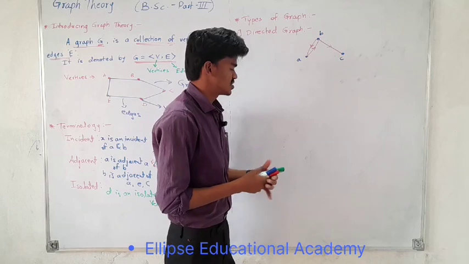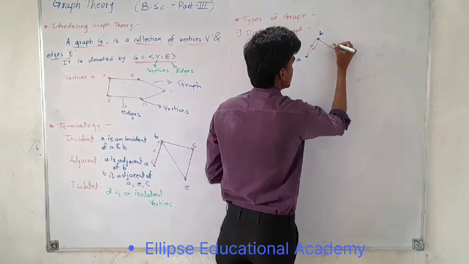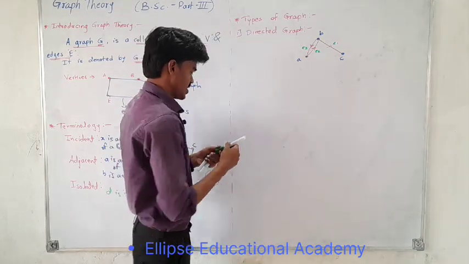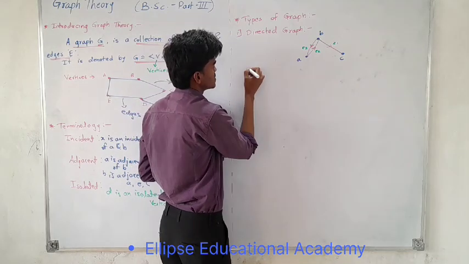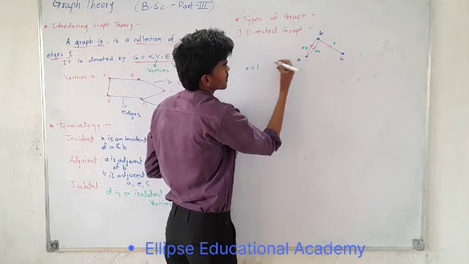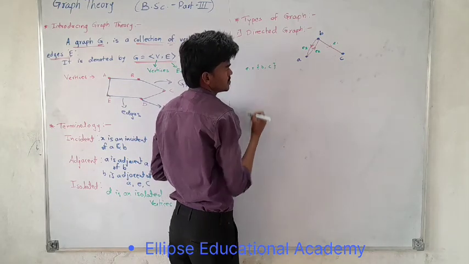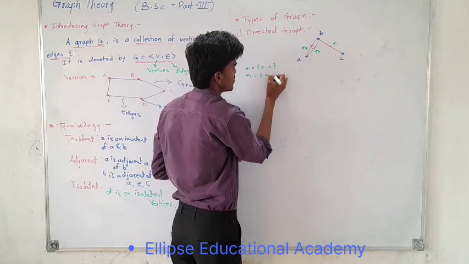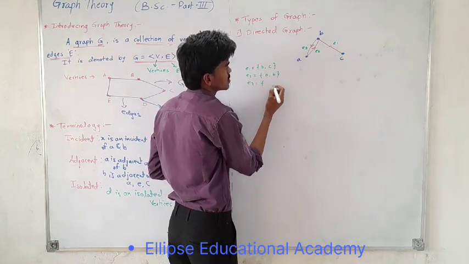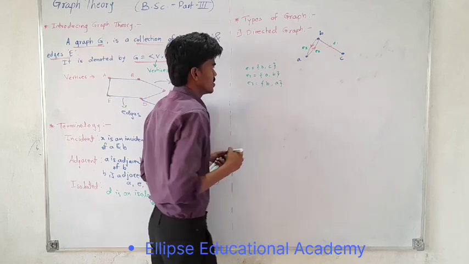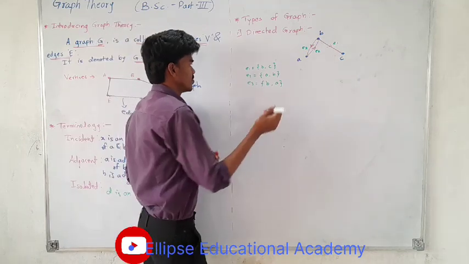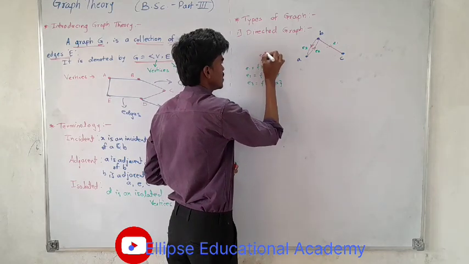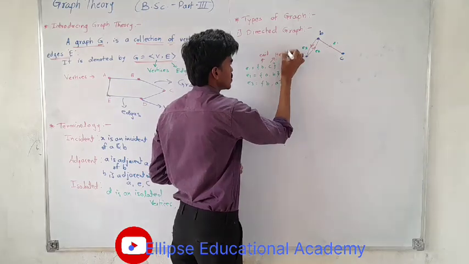Here, edge E1, edge E2 and edge E3. In this case the graph is represented as E1 = (B, C), E2 is defined as (A, B), and E3 is defined as (B, A). Here B is the tail and C is the head of this edge.